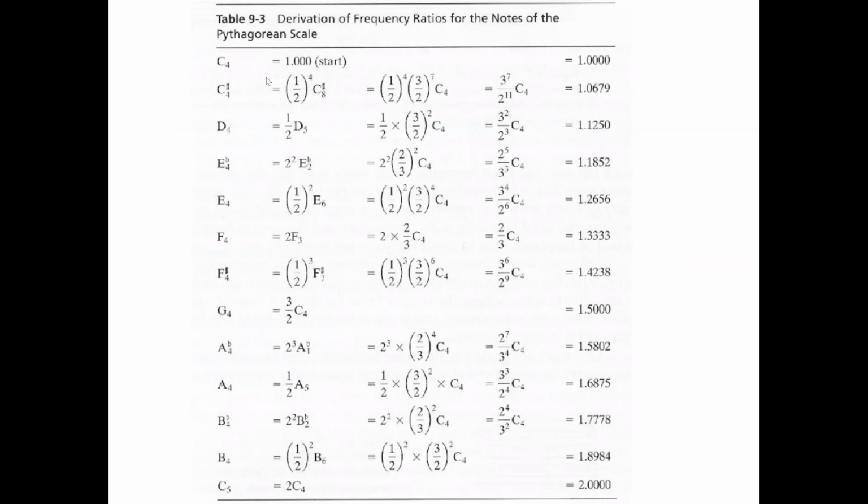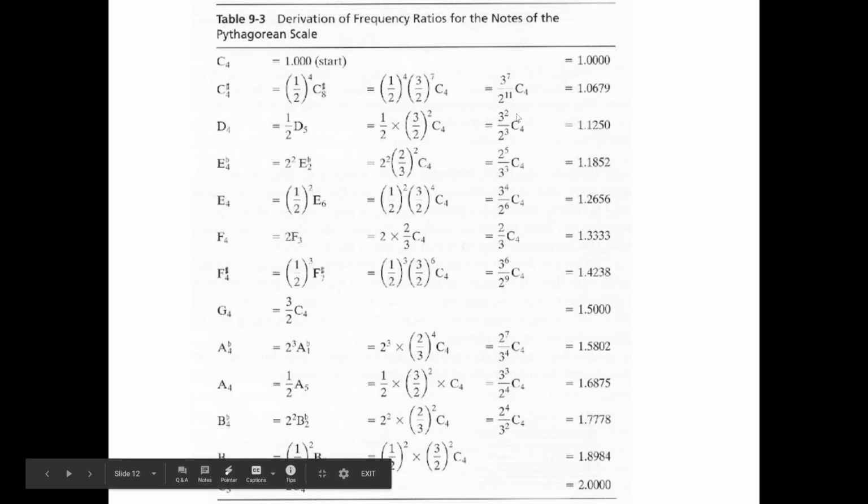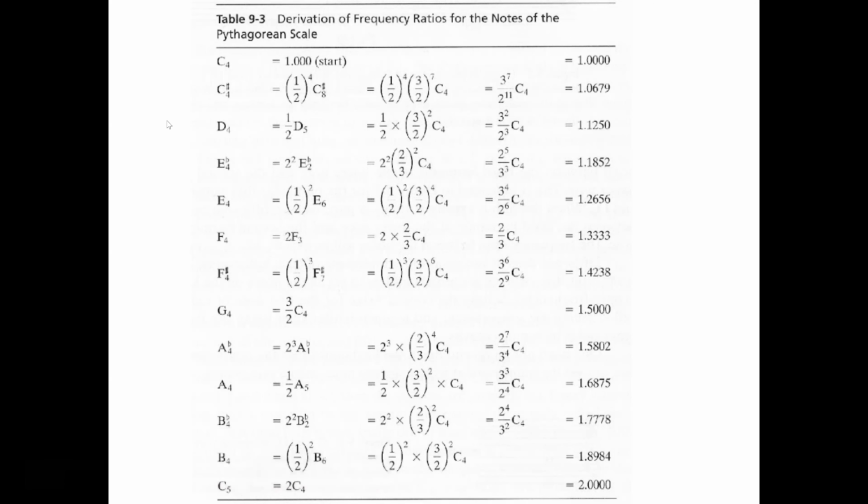So this slide has essentially how you get all the different notes in the Pythagorean scale starting at C and where they end up frequency ratio wise. You do not need to know this at all. The interesting thing we'll look at, going C to E, that should be a major third.